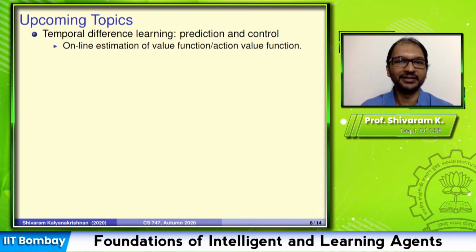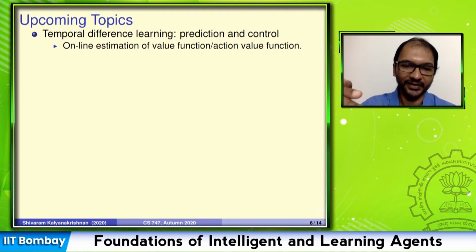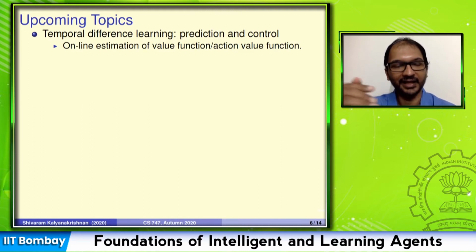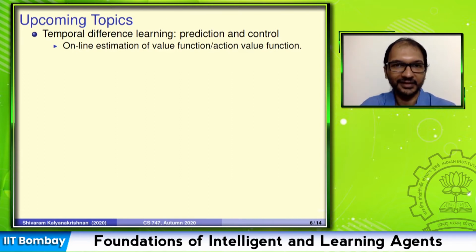Temporal difference learning is the idea of learning based on every bit of experience that the agent gathers. It goes from state to next state by taking an action and getting a reward in the process. So S, A, R, S prime. You've learned a little bit about the MDP because this happened. How do you go back and update your knowledge? That's what temporal difference learning allows you to do. And we will consider two versions of the problem.